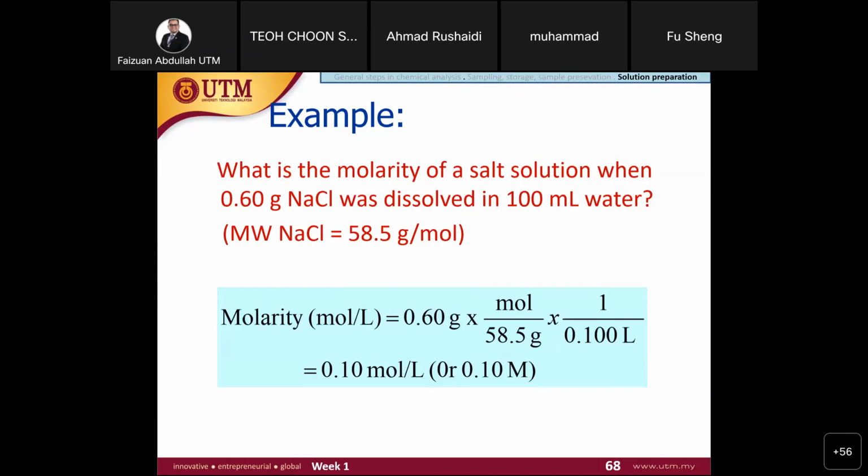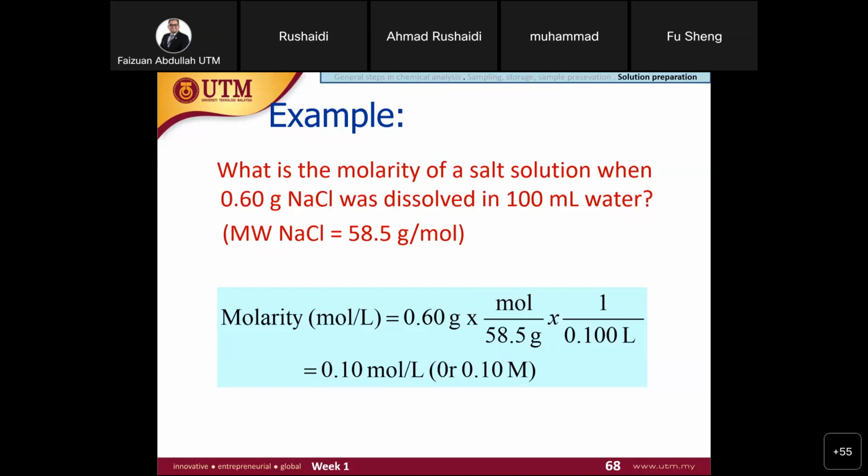Divide. To calculate the number of mole, you got the gram and you got the molecular weight. What you need to do is divide. You have 0.6 gram, and you have the given 58.5 gram per mole. You need to divide the molecular weight.